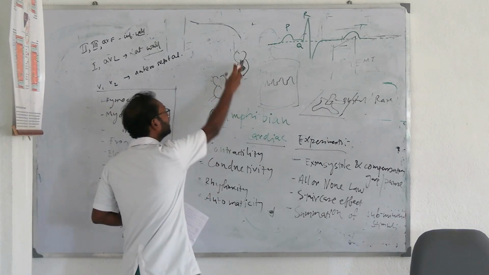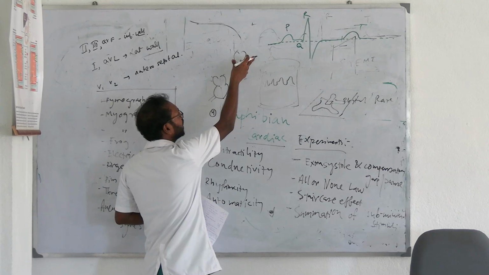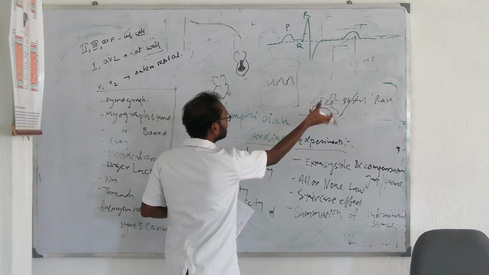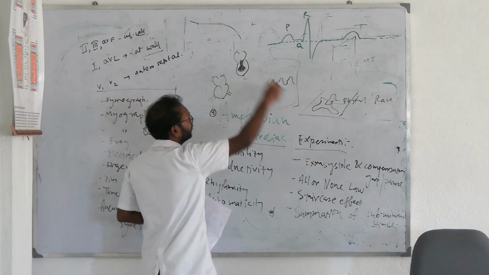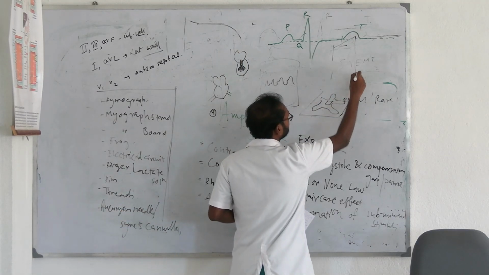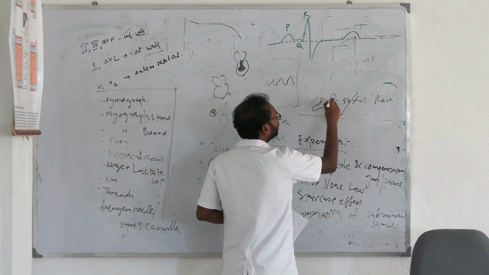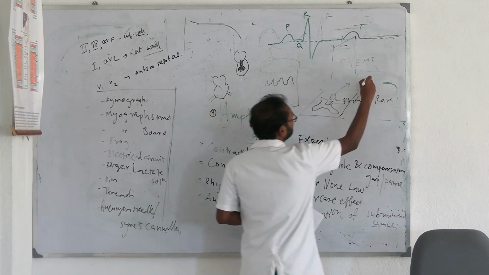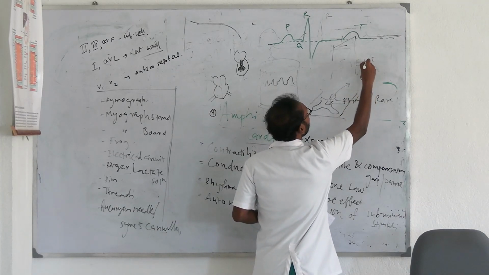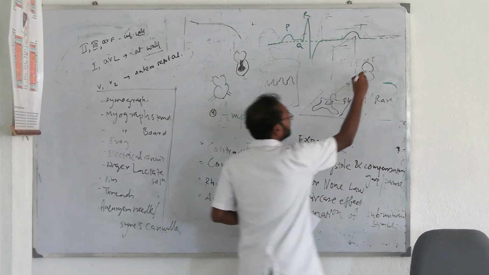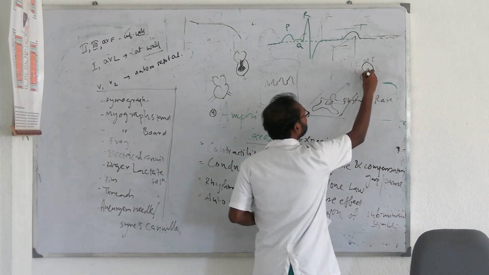Now this heart is actually placed here in the opposite direction. The base of the heart is above, so the heart will be like this. It is placed upside down, the sinus venosus is on the upper side now.